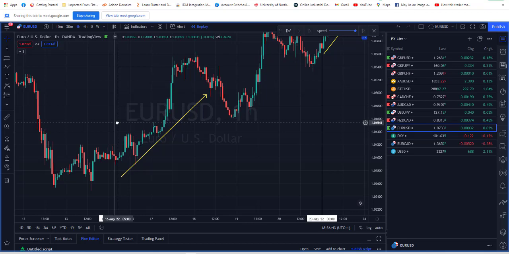As a matter of fact, one thing I can tell you guys is for the Euro USD pair, which is why we specifically chose it, this commitment of traders report works about 95% of the time. As a matter of fact, some of you might just decide to trade only Euro USD using your normal market structure and commitment of traders report, and you'll be making massive profits week after week. I can assure you that.